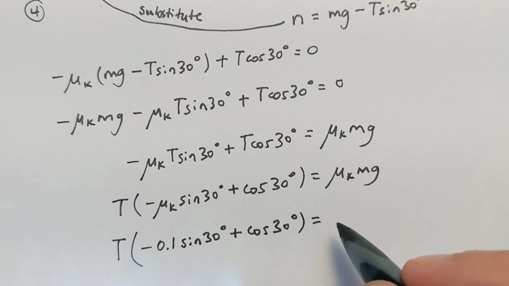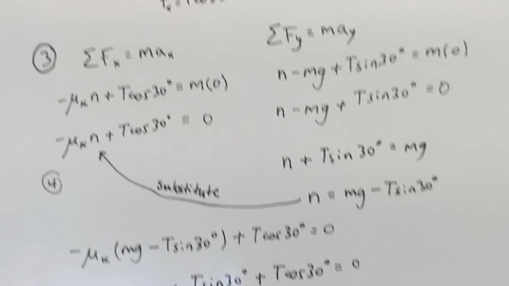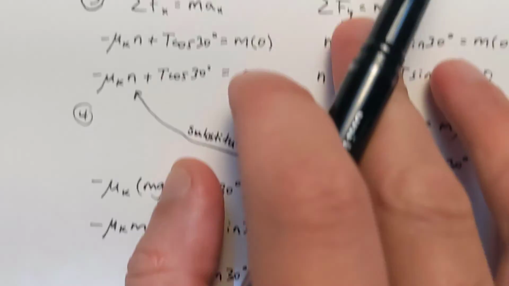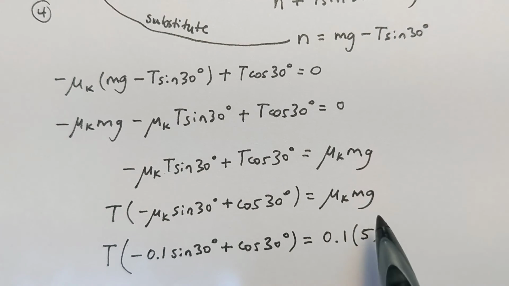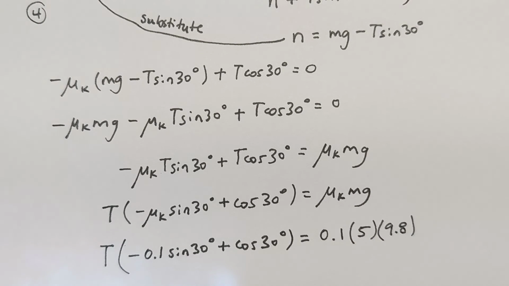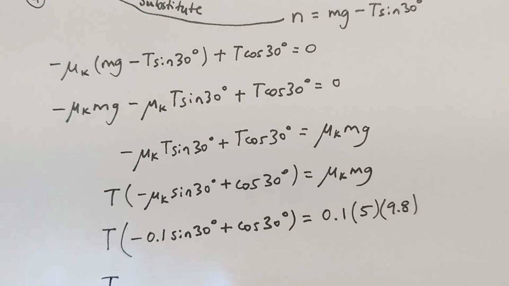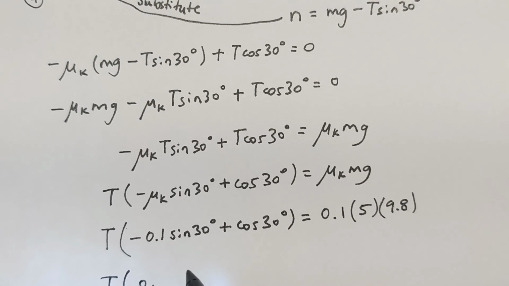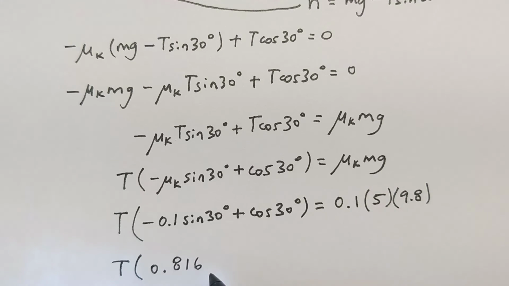Again, mu k is 0.1 times the mass of the penguin and sled, which was 5 kilograms, times little g, which is 9.8. So let's put all these things in the calculator. So all this inside of the parenthesis comes out to 0.816. There's more numbers. I'm rounding a little bit.